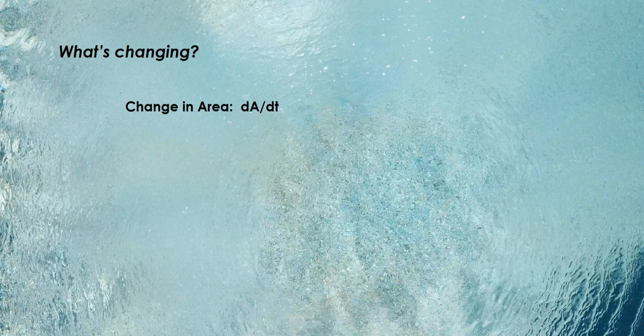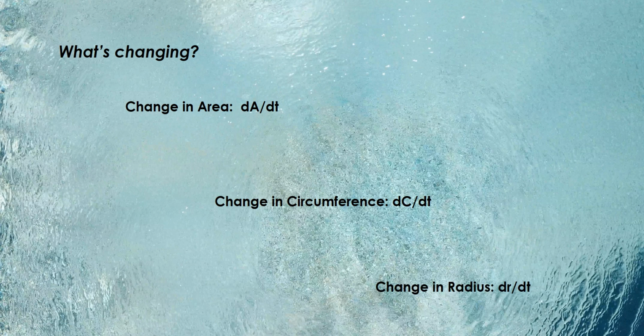The second thing that's occurring is circumference. Circumference, also a formula, so change in circumference over change in time. Also, the C gets a capital letter. The third item, radius. So radius is a linear measure, not a formula, and therefore is all lowercase. dr over dt, change in radius over change in time.